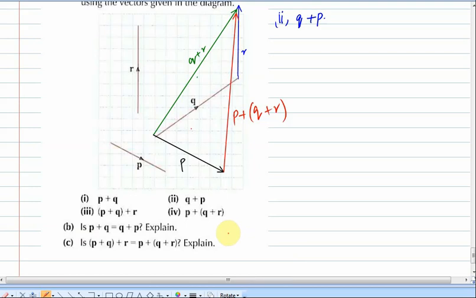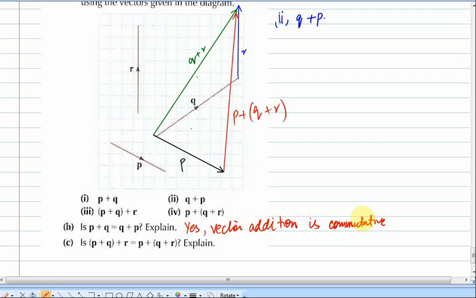So the answer of part B is yes, because vector addition has the commutative property. Vector addition is commutative, right? We can say that A plus B is equal to B plus A.